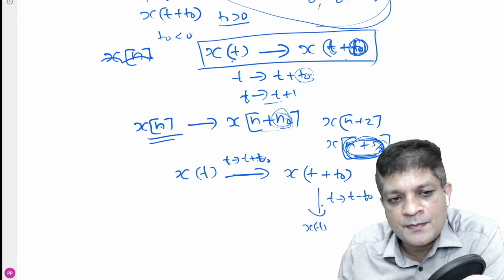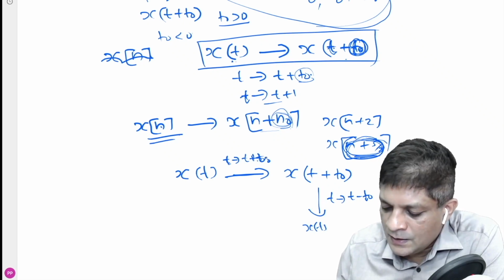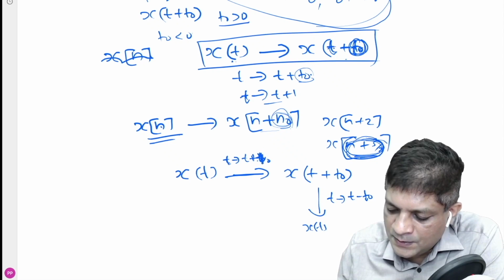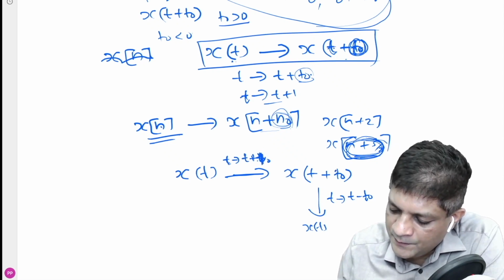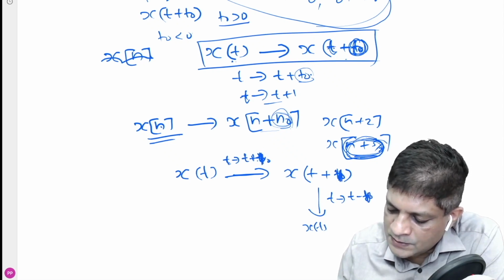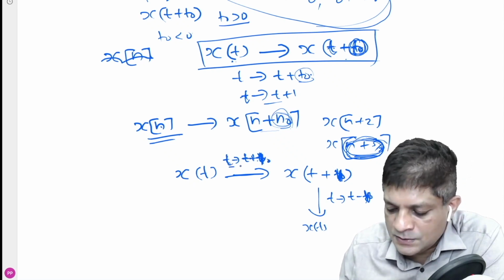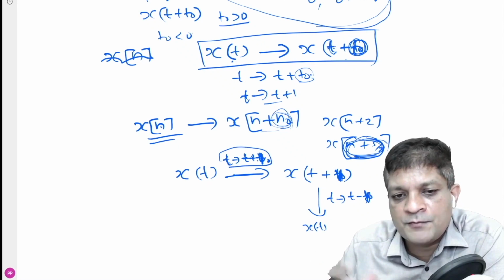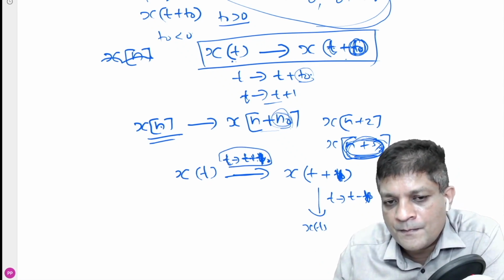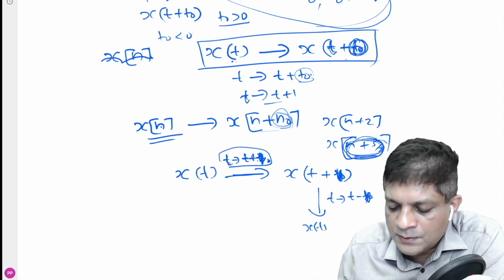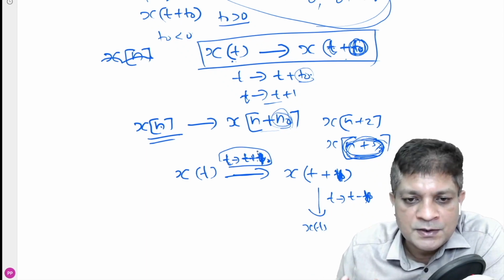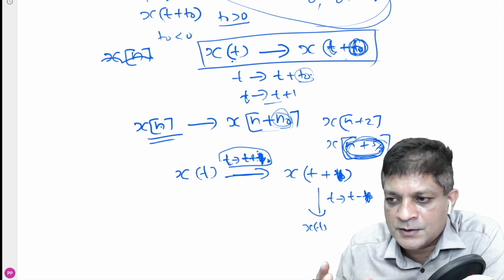Let us consider this example. Let's say it is t plus 1. T naught is 1. This t to t plus 1 operation means we are shifting the signal left by 1. When t naught is positive, we are shifting the signal left. It is time advancement.